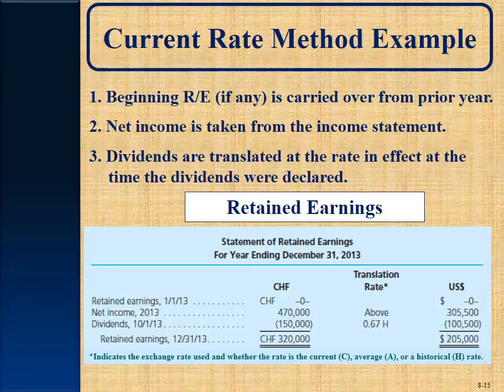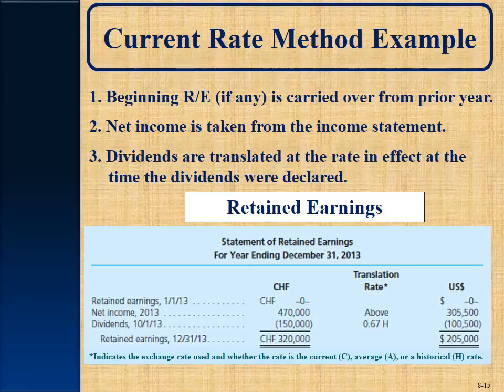Now, everything on the income statement was translated at the average exchange rate. So if we take the 470,000 francs here and use the average rate throughout the year, just verifying, you will get 305,500 in US dollars. That's not the case though when we use the temporal method. So we'll see that in a few minutes.